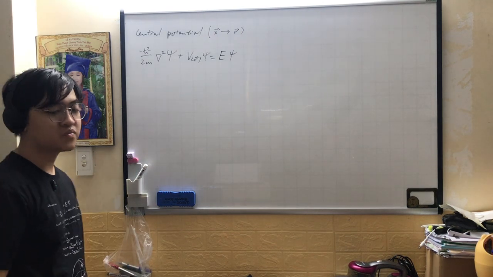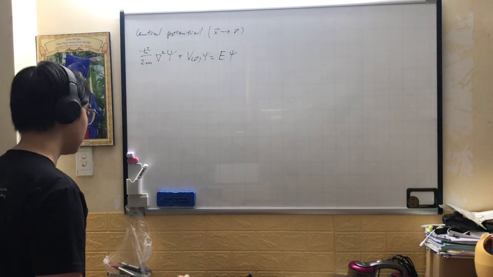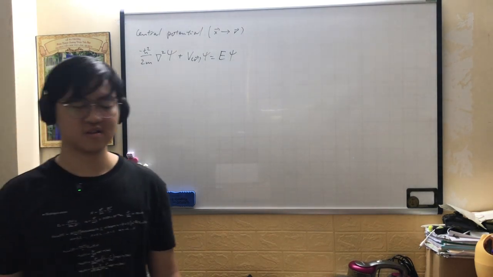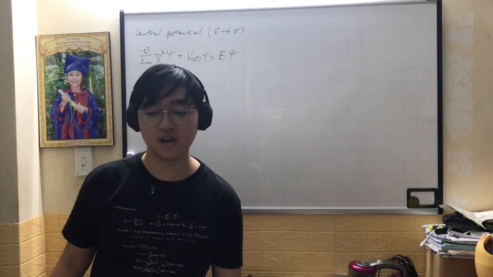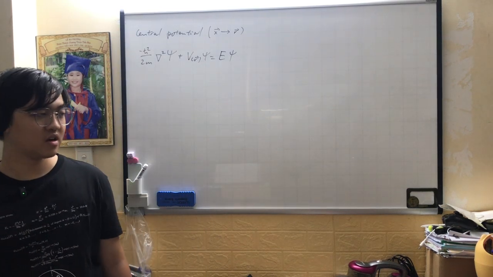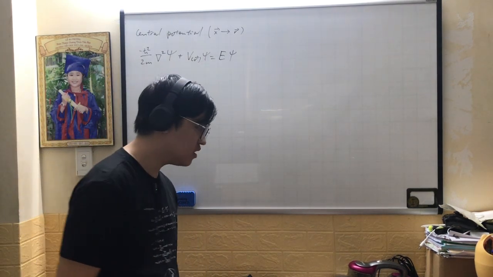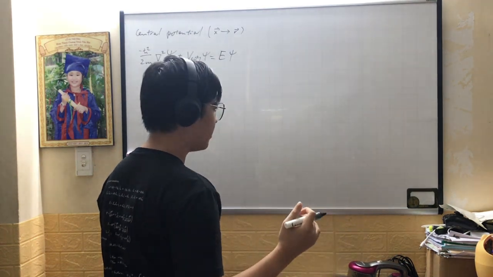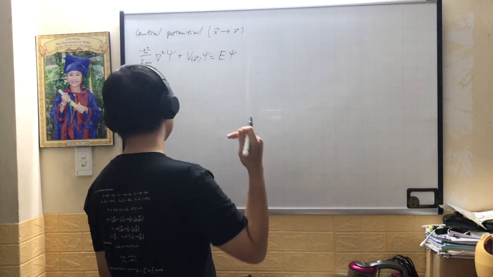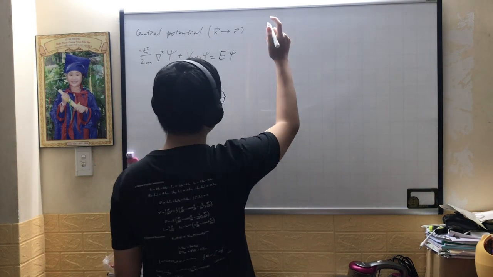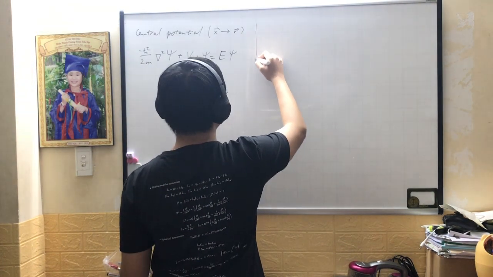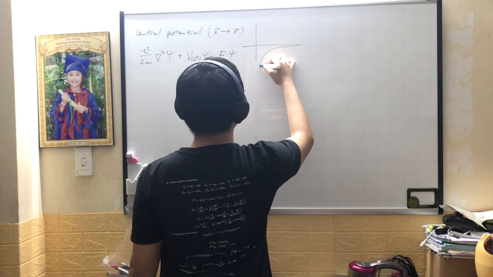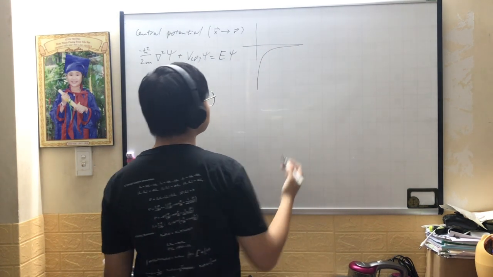Okay, so a little bit about central potential. This is something that is spherically symmetric, and it is invariant under rotation. The way you imagine it is kind of weird. In 2D, it would look something like this, a sinkhole.